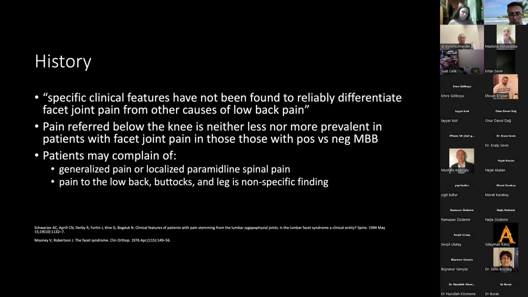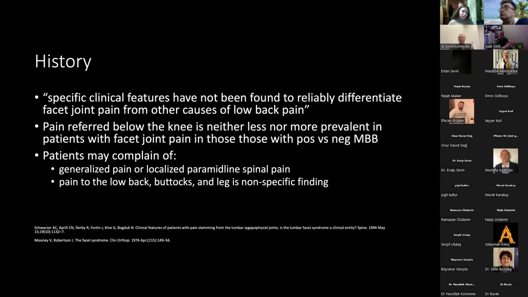So a very common quote in talks and textbooks that comes from his somewhat famous study is that when they evaluated this, there were no specific clinical features that reliably differentiated facet pain from other causes of low back pain.